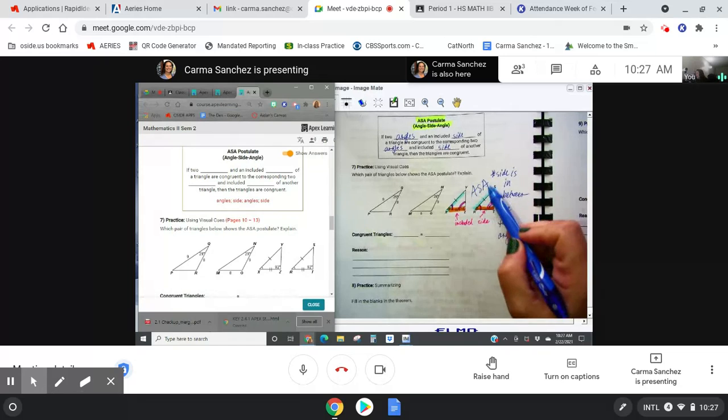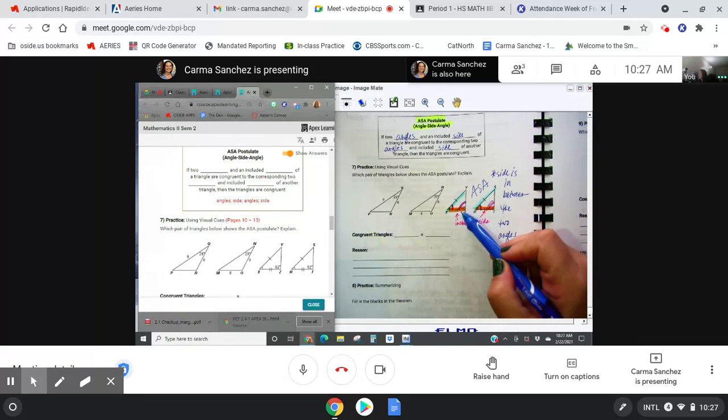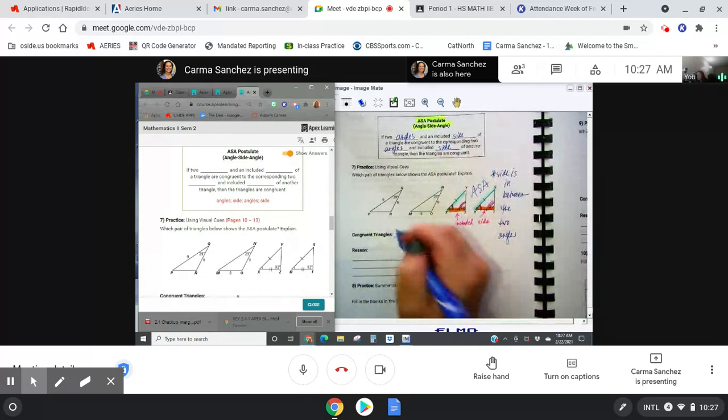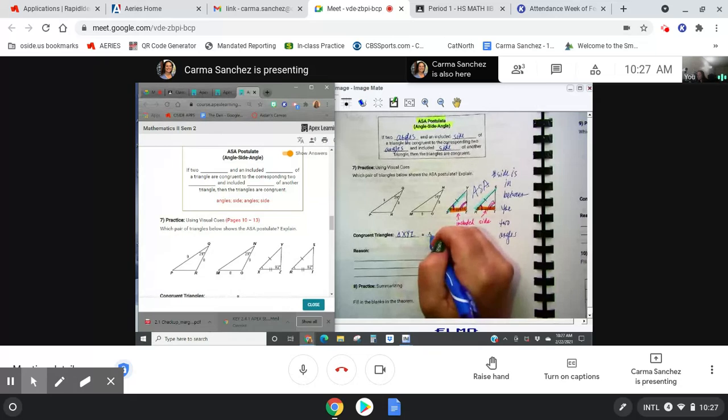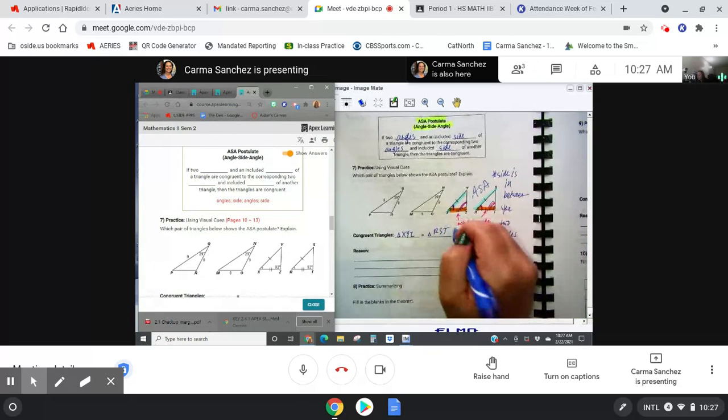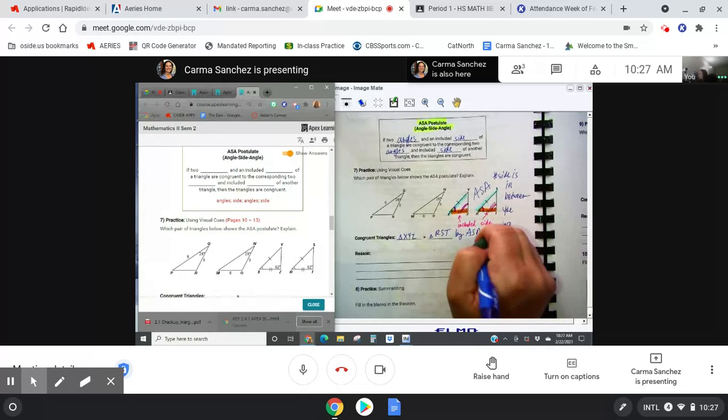For this to be an ASA, the side needs to be in between the 2 angles. That's what an included side means, in between the 2 angles. Okay, so I can say that triangle XYZ is congruent to triangle RST by angle-side-angle postulate.